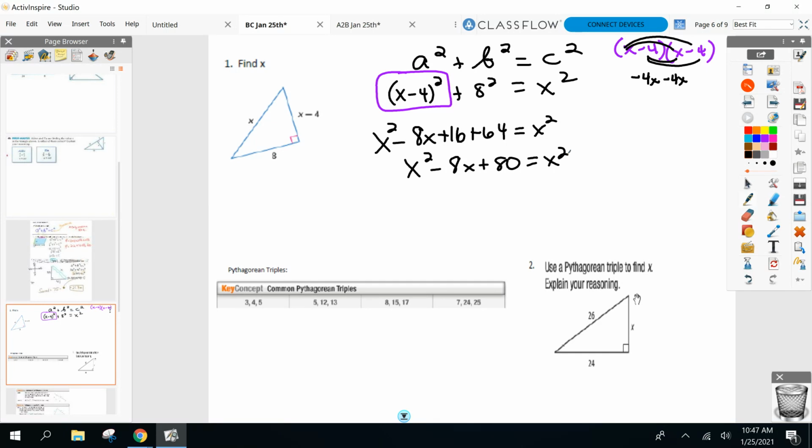But wait. When I get one side equal to 0, what's going to happen to those x squareds? See ya! They're gone, right? If I move this x squared over, they're going to cancel each other out. Gone. So I have negative 8x plus 80 equal to 0.